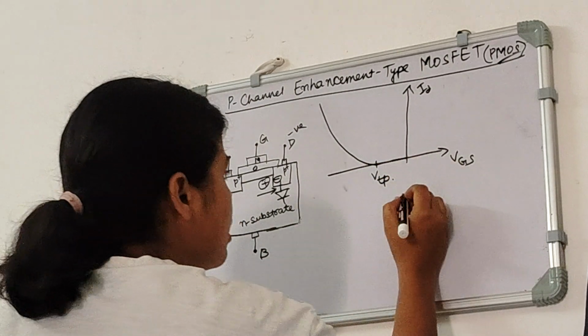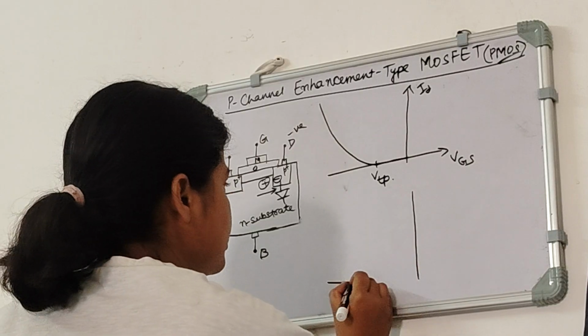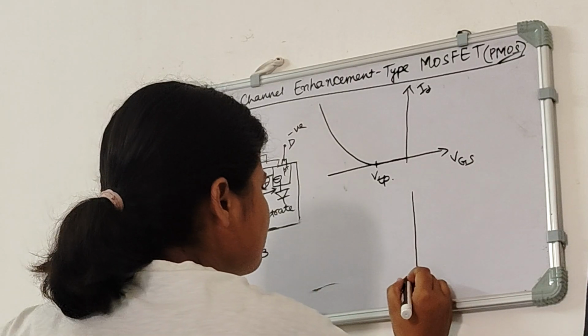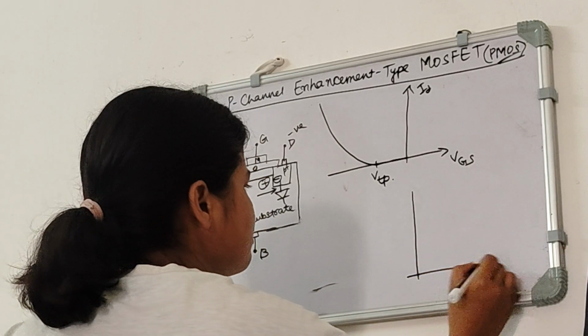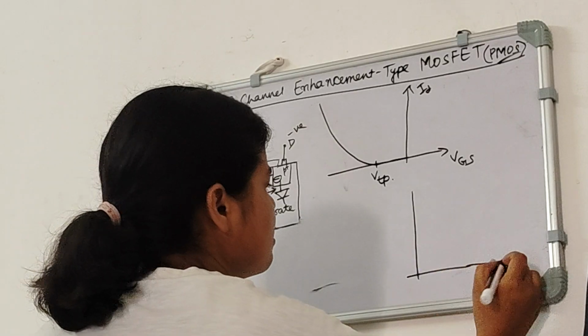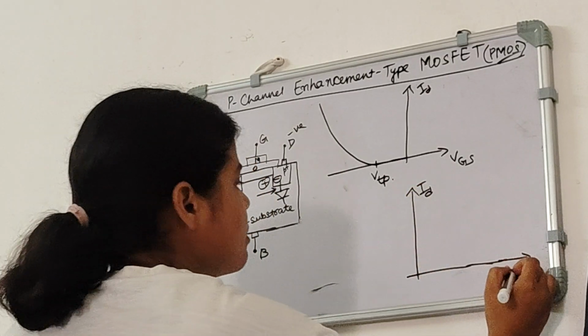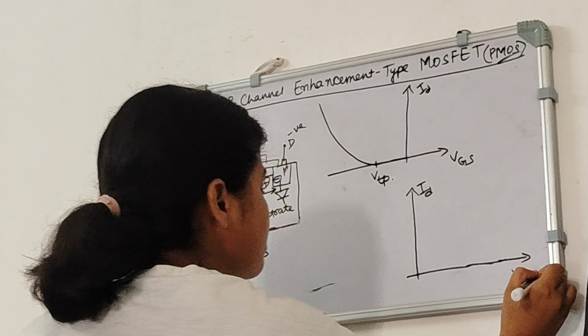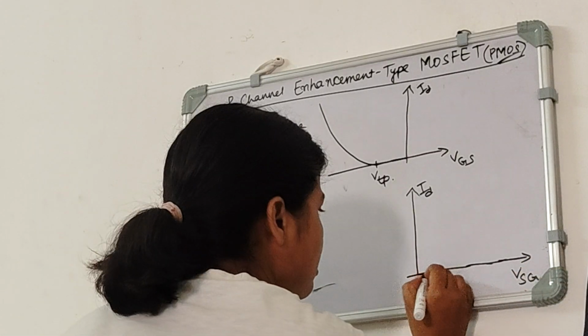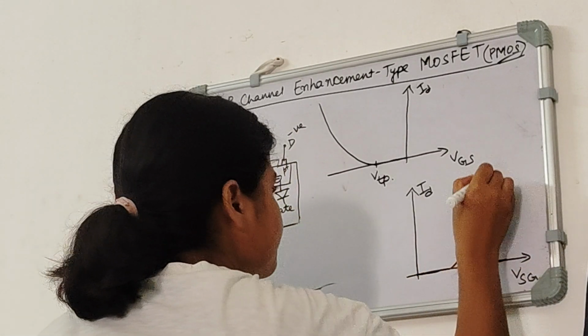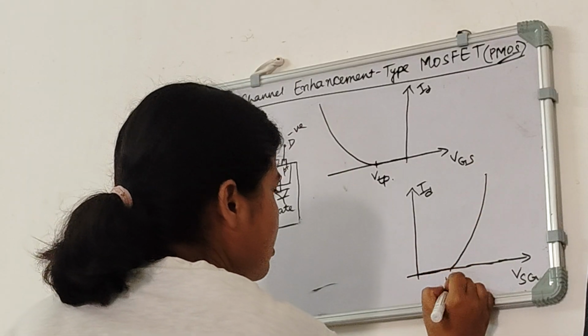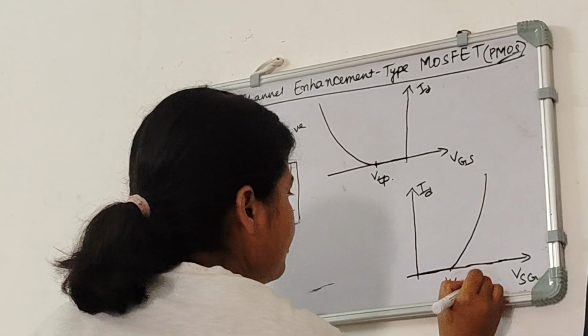If we draw the ID versus VSG curve, we will get a curve like this, and this will be our mod of VTP.